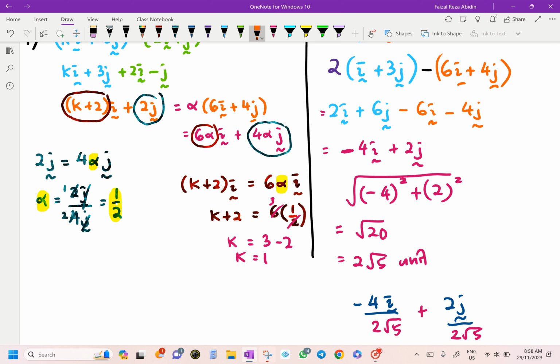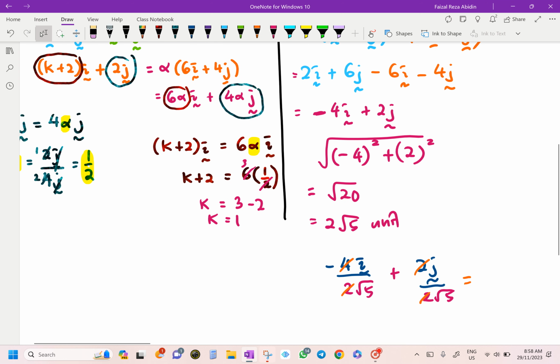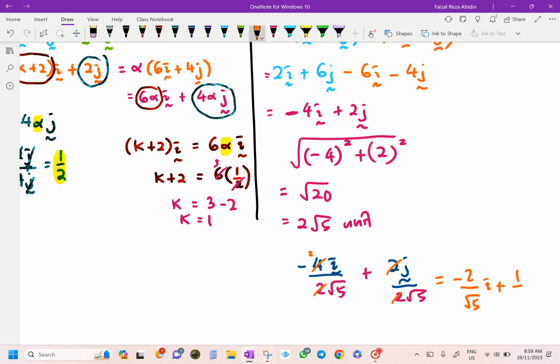So this can be simplified: 4 and 2, 2 and 2, so our final answer you're going to get negative 2i over root 5, plus 1 over root 5 j.